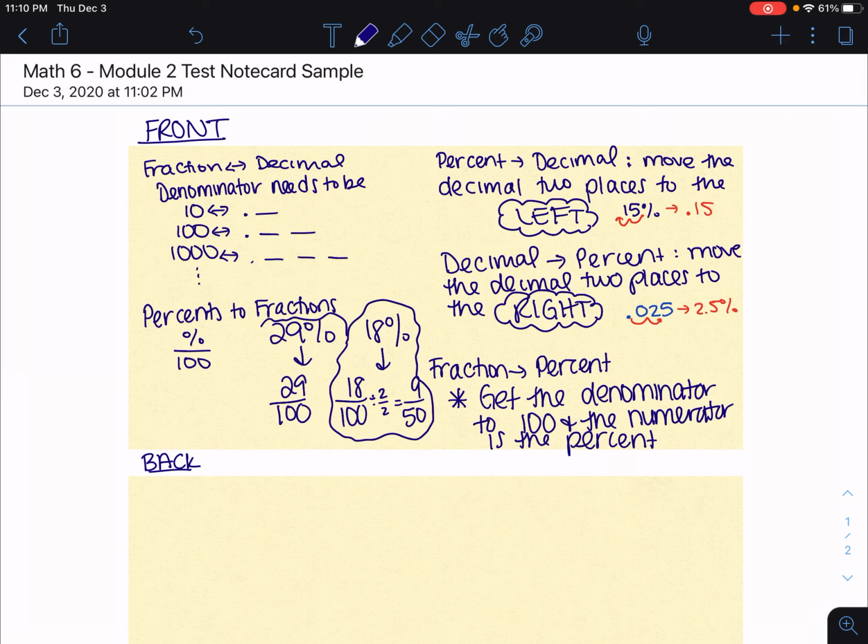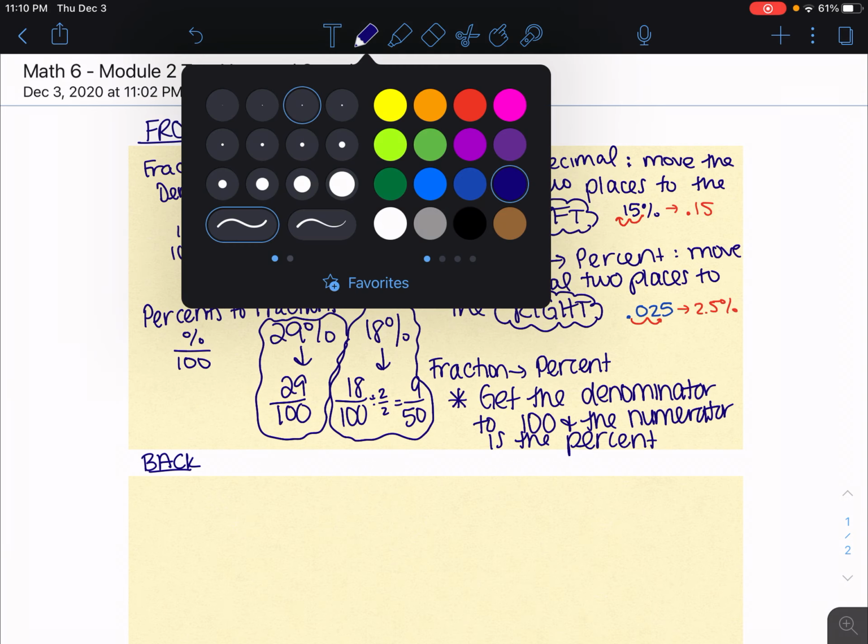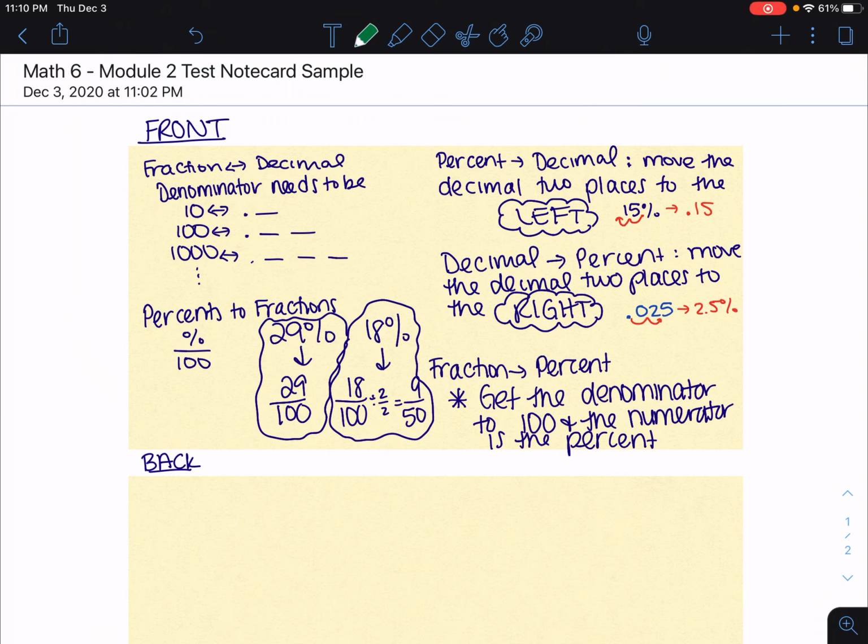Okay, so there's two examples of writing percents as fractions. If I want to write a fraction as a percent, so say I've got 2 over 5, I want to know what that is out of 100. So times 20.